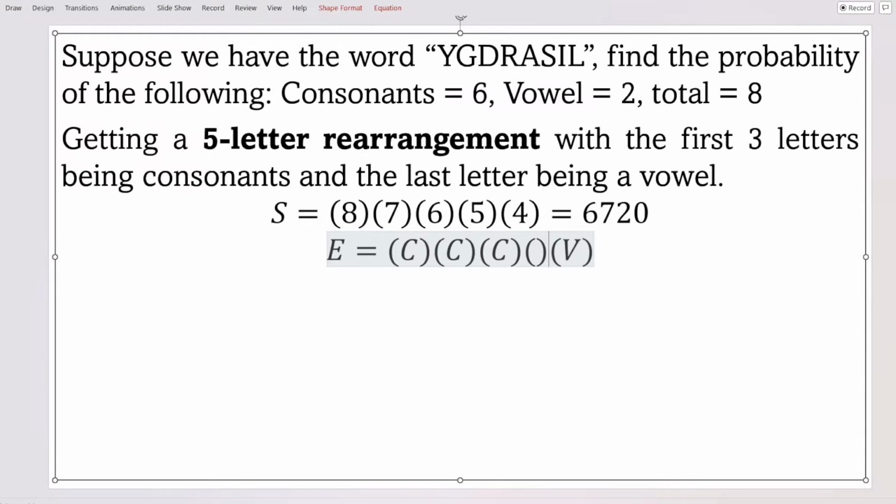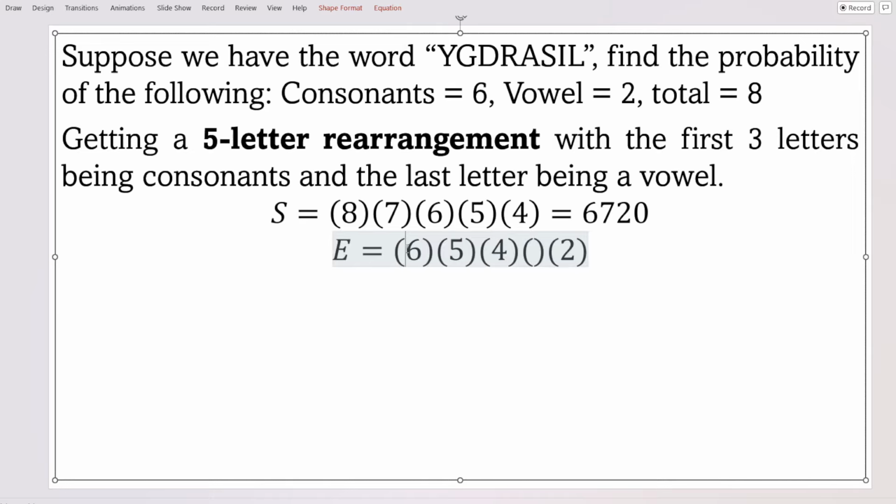How many consonants are there? Again, there are 6 consonants. So this one, 6. This one will only have 5 because we have already used one consonant. This one will be 4 because we have used 2 consonants already. Vowels, how many vowels have we used? None. How many vowels are there? There are 2 vowels here.